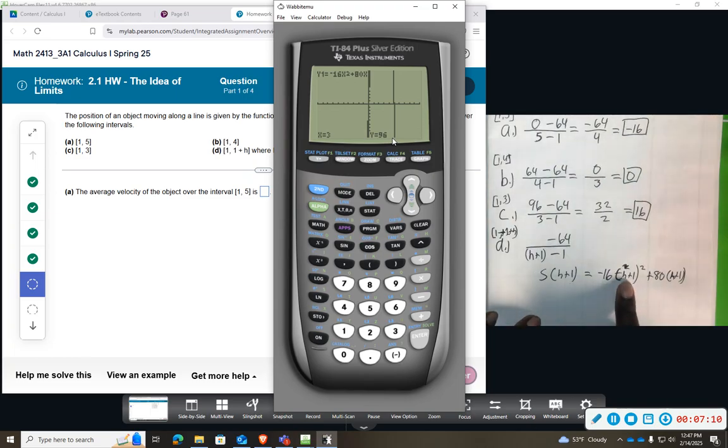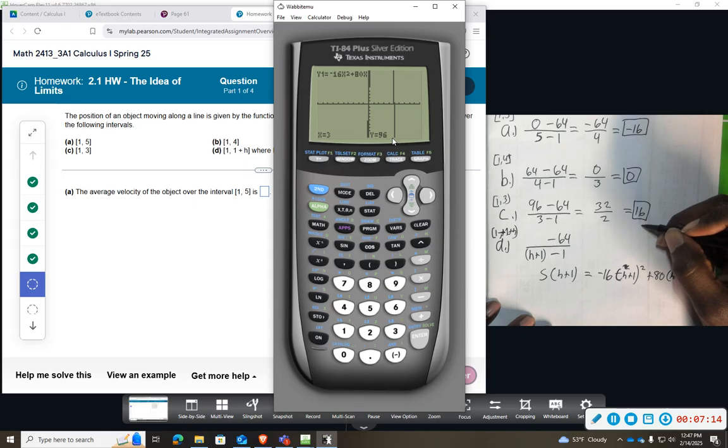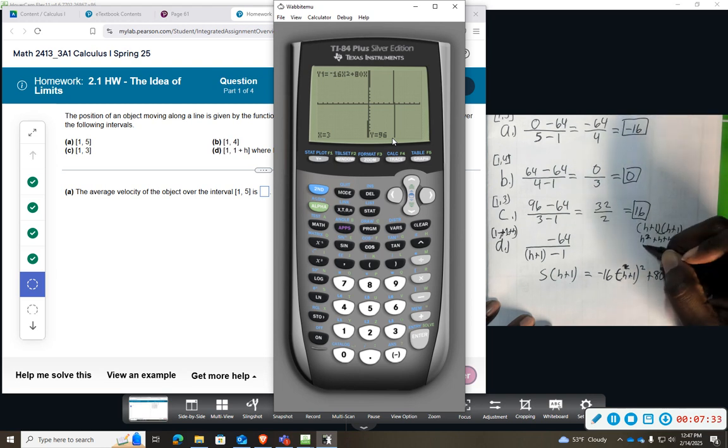Alright, so first you have to do FOIL with the h plus 1. So if I do h plus 1 times h plus 1 and distribute, that'll give me h squared plus h, and then when I go h plus 1, that'll give me another plus h, and then 1 times 1 plus 1, so we'll have h squared plus 2h plus 1.